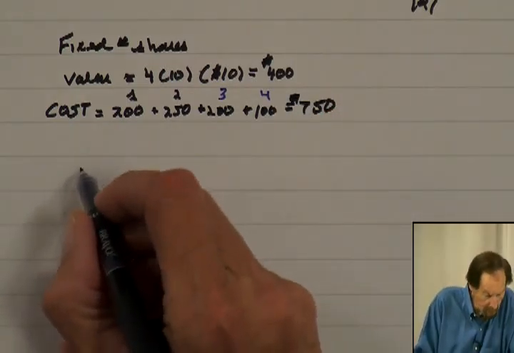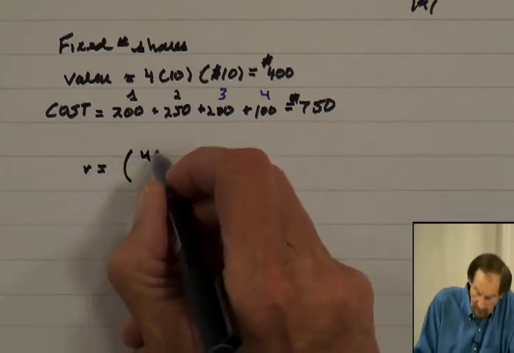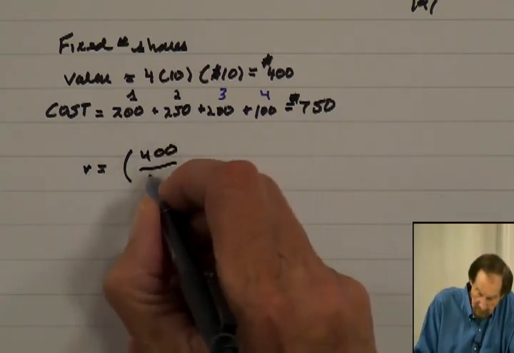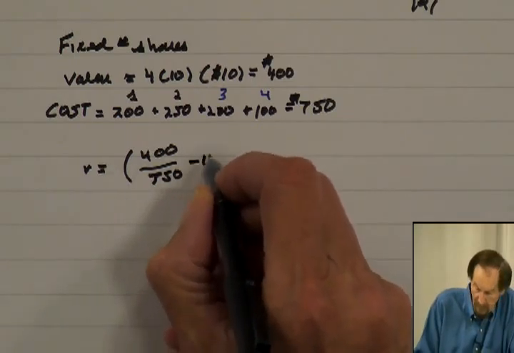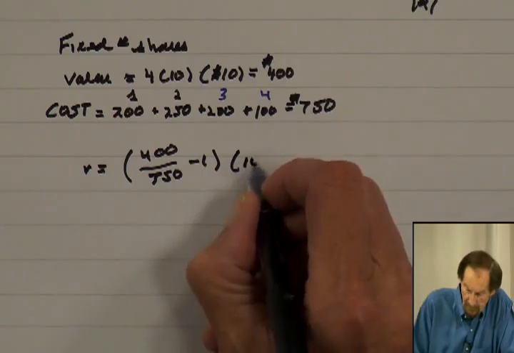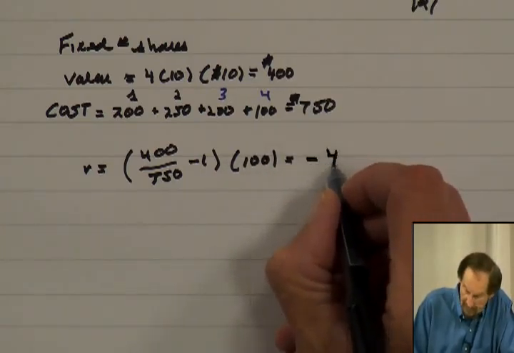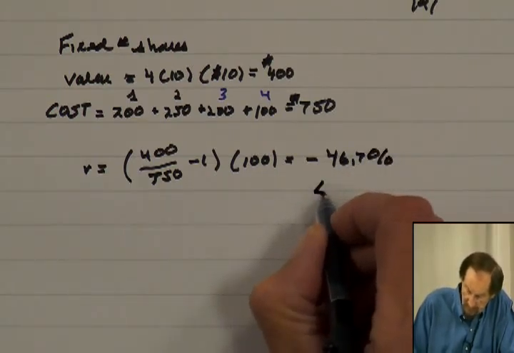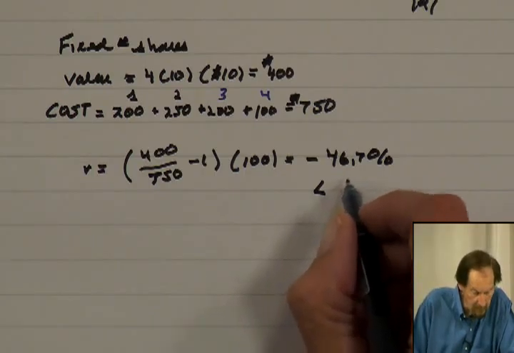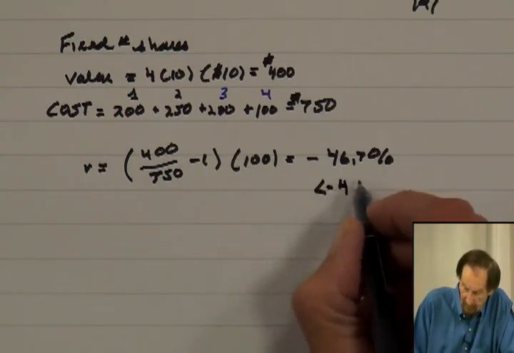And therefore, R equals 400 over 750 minus 1 times 100 equals minus 46.7%, which is less than minus 40%.